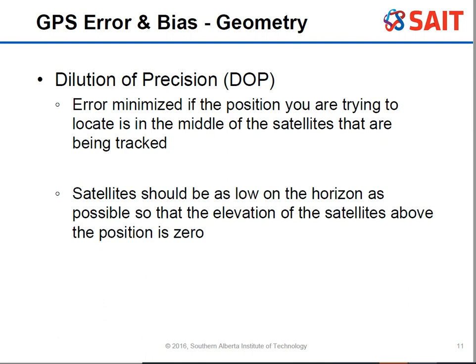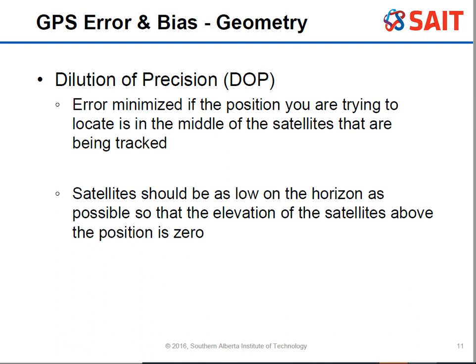And so you want to have as much of a grid above you as possible, like I mentioned. It states here that satellites should be as low on the horizon as possible, so the elevation of satellites above the position is 0.